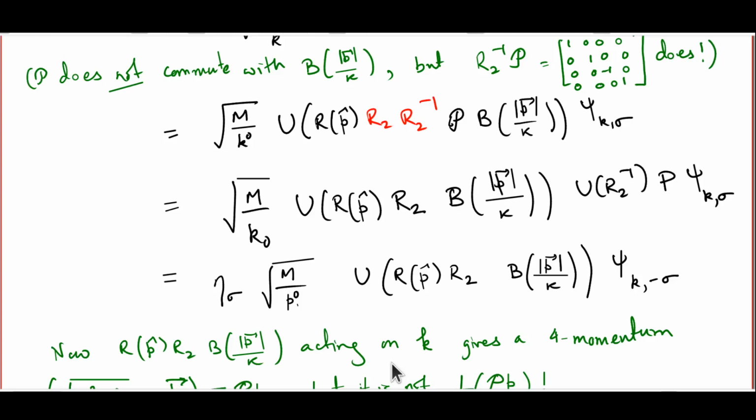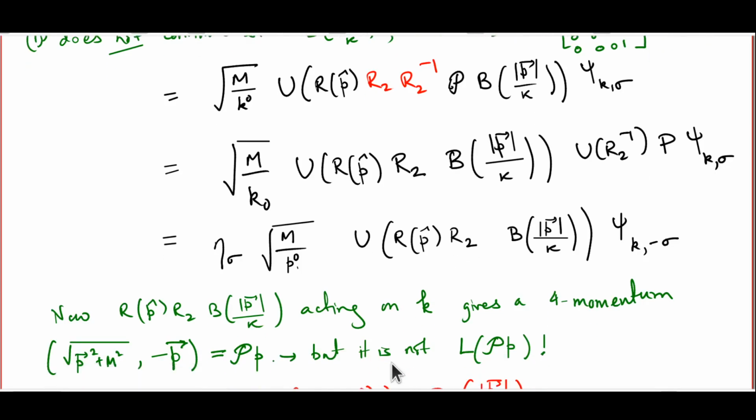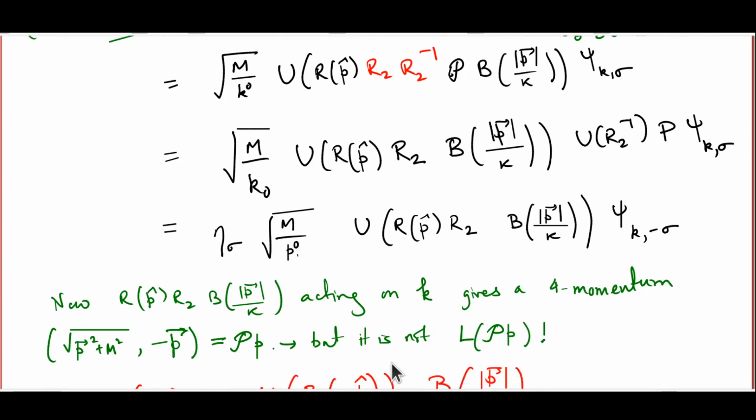And then when you apply the final rotation, it will obviously carry this vector not to the direction of p hat but to the direction of minus p hat. So finally you get a momentum which has the right magnitude and the right direction but the opposite sense. So instead of ending up at p vector, you end up at minus p vector.